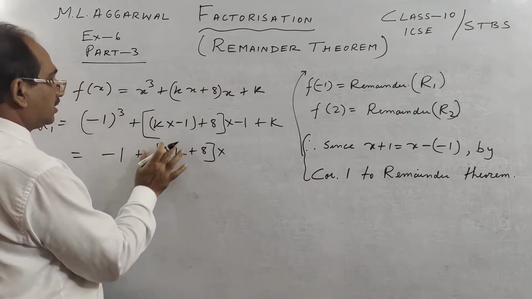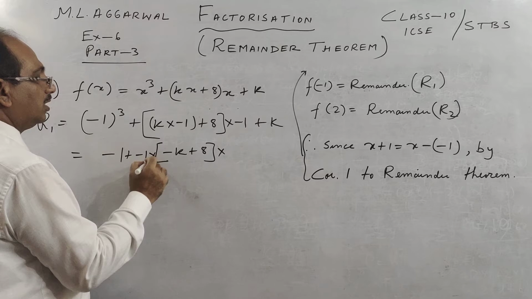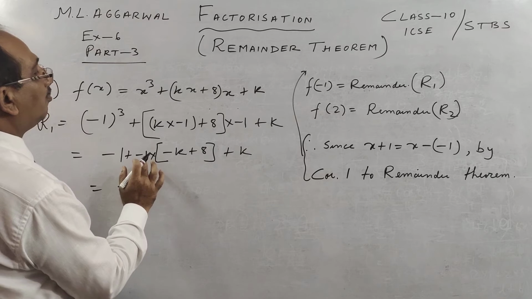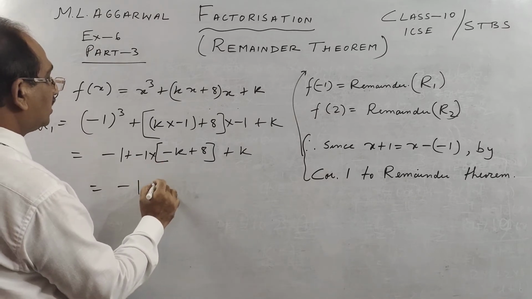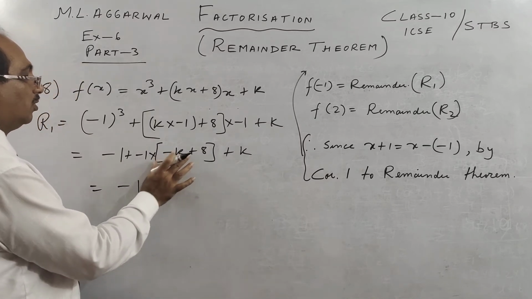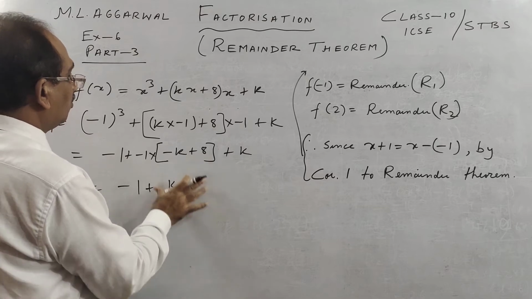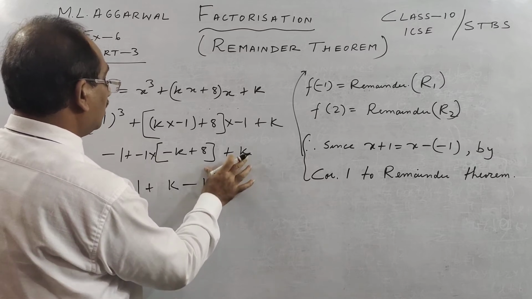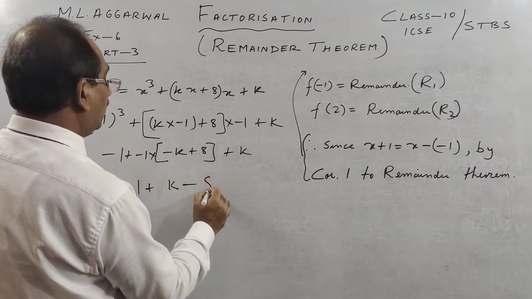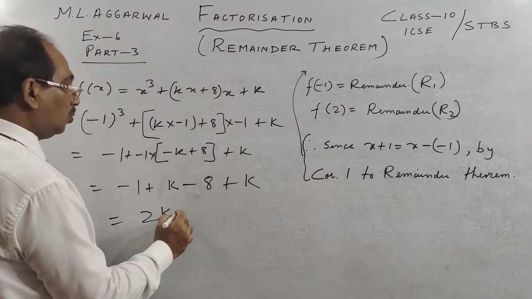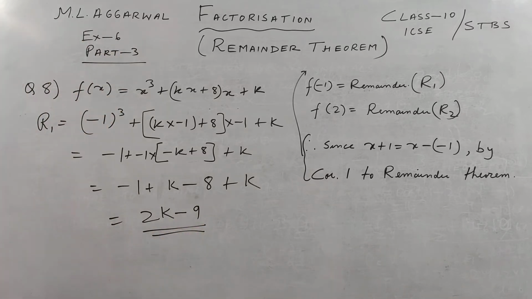So minus 1 you can write this side. If you have any problem, write minus 1 here plus k. So what do we get children? Minus 1 minus k plus, this is plus here. Okay, so I can remove the bracket because this is plus here. So minus plus, and this becomes minus 1 into 8 is minus 8 plus k. So finally we get, children, 2k minus 9 is my remainder 1.